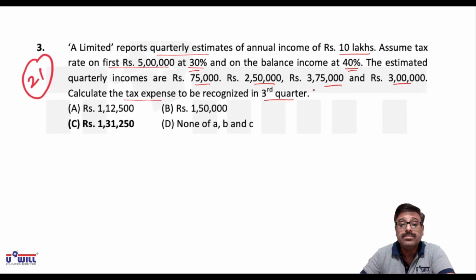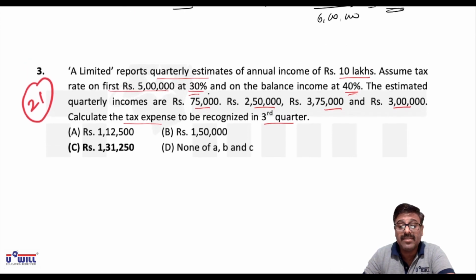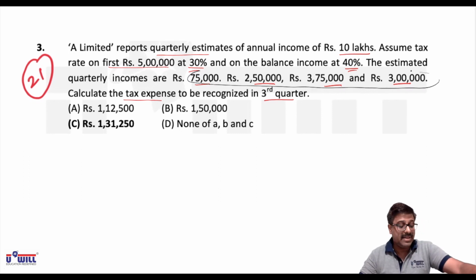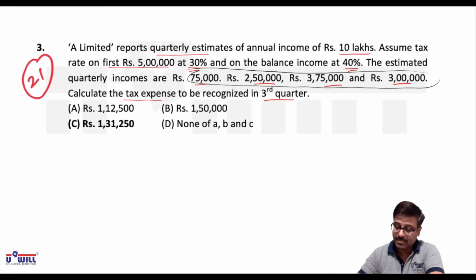Now, first of all, we'll have to find the average effective tax rate. Assuming the tax rate on first 5 lakhs is 30%. So total income is 75,000 plus 2,50,000 plus 3,75,000 plus 3 lakhs, 10 lakhs. Total income is 10 lakhs.